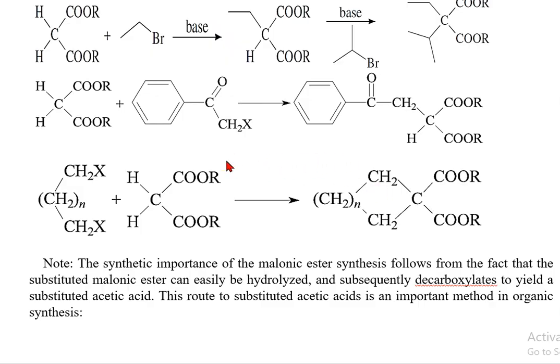So again, if you have two alkyl halides, meaning one molecule that has two ends with alkyl halide, it can also give you a cyclic compound in the basic medium. Basic medium means we have to use a base here.